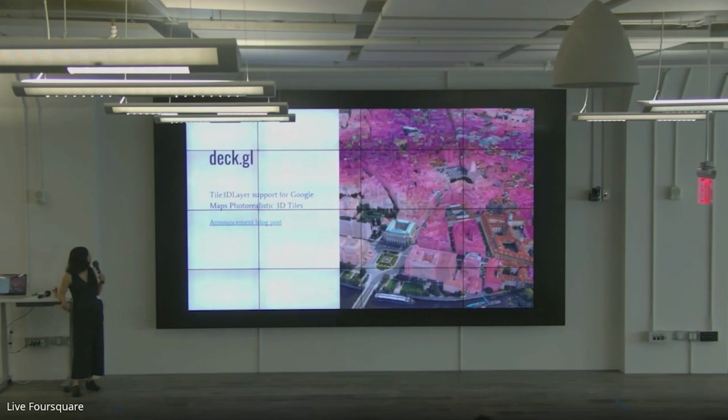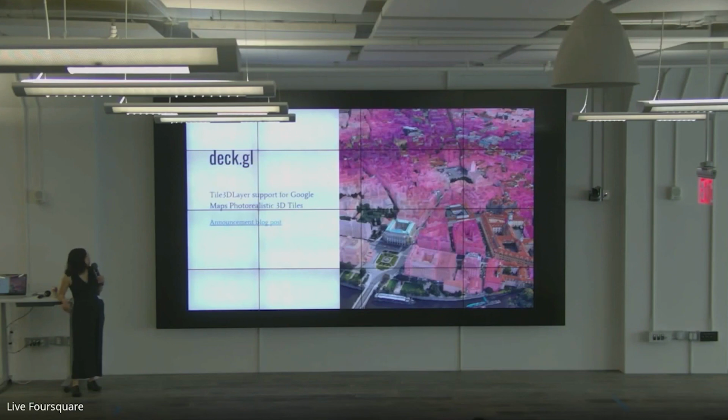If you haven't seen it, you can read the announcement blog post and see an example on the deck.gl example page. As the screenshot shows here, we have all the very detailed 3D models and textures of a city here, and deck.gl can overlay other data sets on top of it.